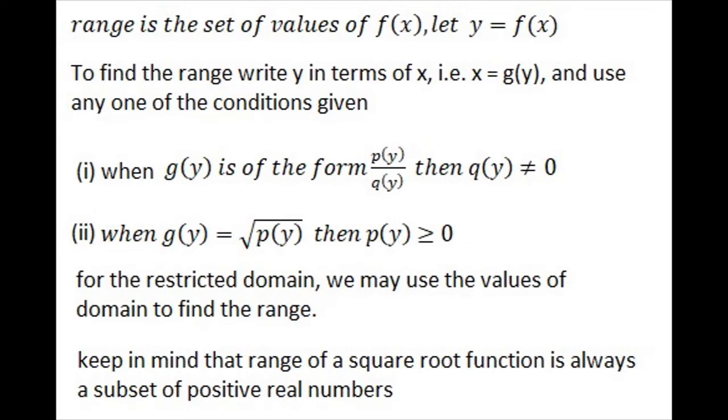And the next one, even though the function is on real numbers, if it is given as y equals root of some function, root of p of y, then we keep in mind that a square root function always gives positive values. Even though p of y is eligible to have some negative values, that cannot be taken into consideration because f of x is a square root function. Whenever f of x is equal to root of something, the output y value should always be non-negative, so it is always a subset of the positive real numbers.